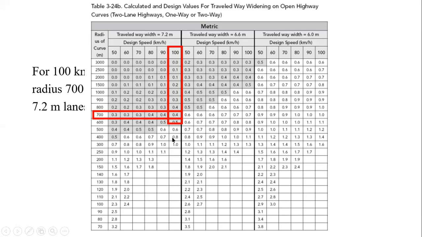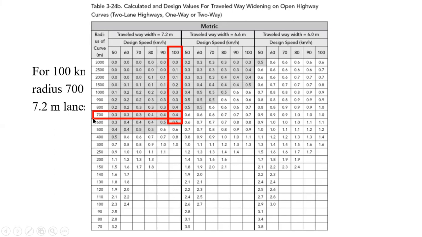And then there are three distinct areas in this table. There are three columns: 3.6 meter lanes, 3.3 meter lanes, and 3 meter lanes. And each of these values has three distinct areas: the gray area, the white area, and the black area.